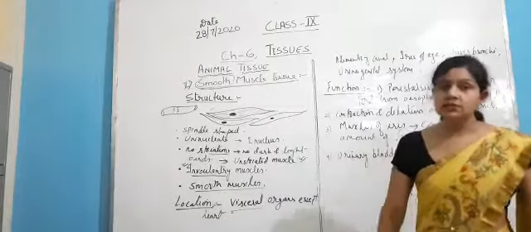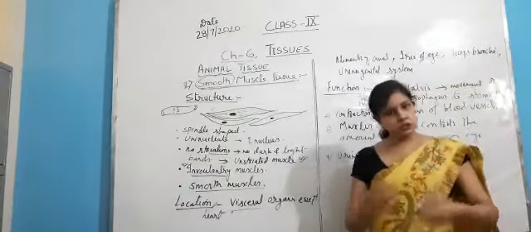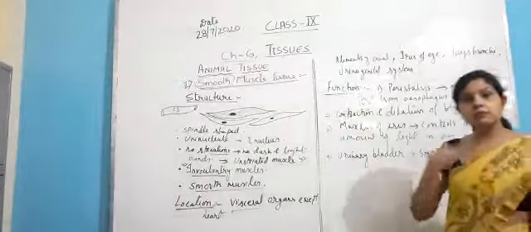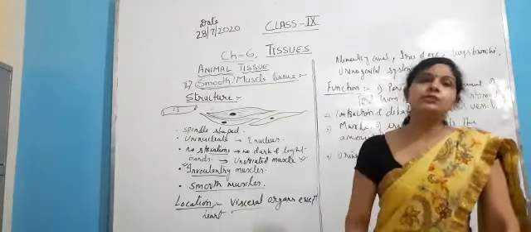In this way, many other organs also have smooth muscles, which help in the movement of internal body organs for various purposes.